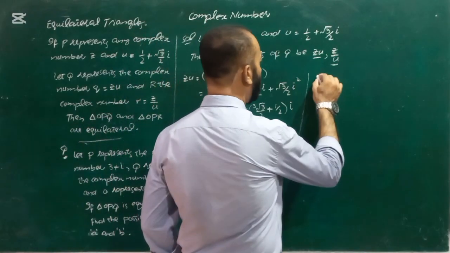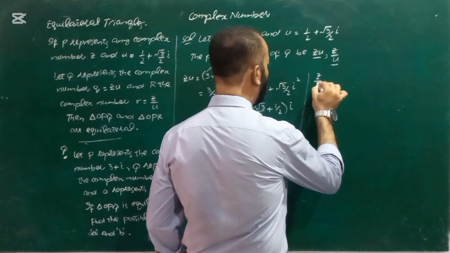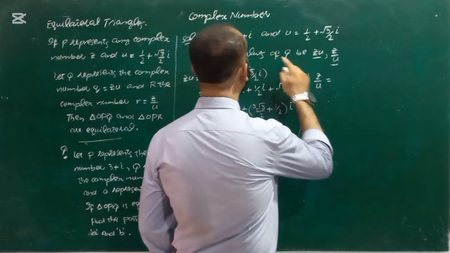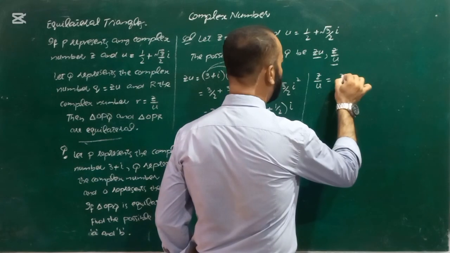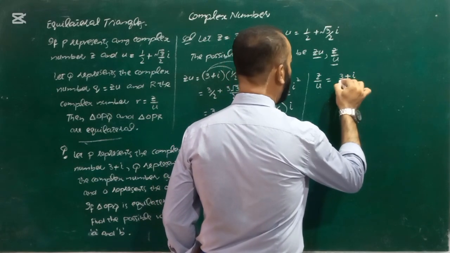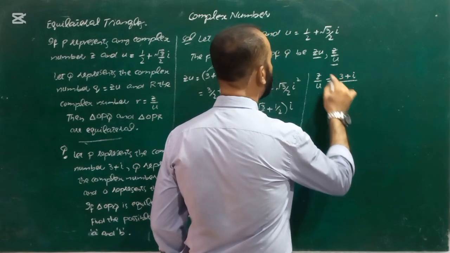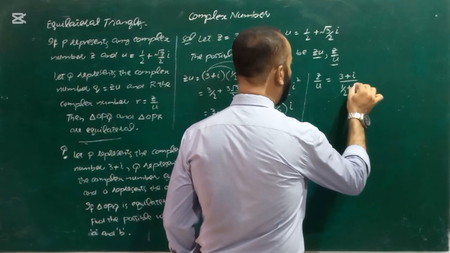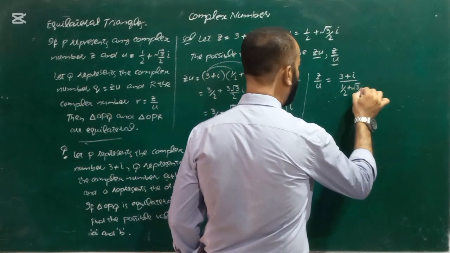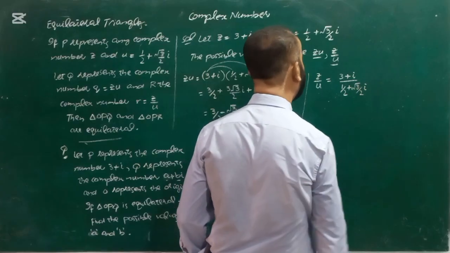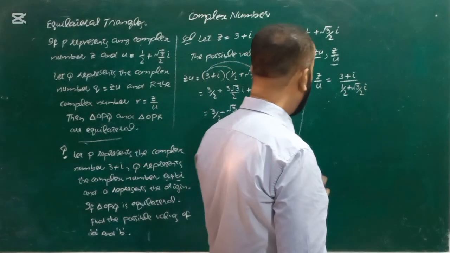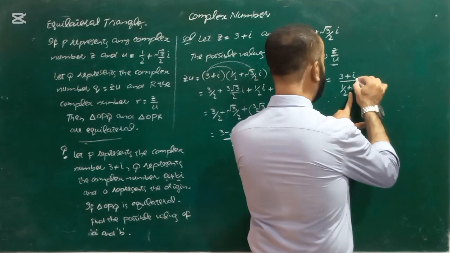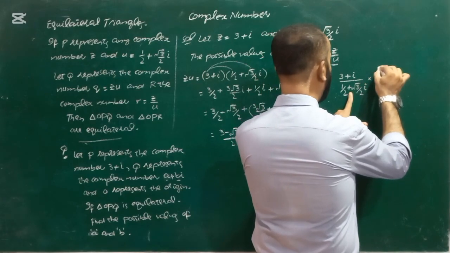The second possible value will be Z over U. So Z is 3 plus iota and U is 1 by 2 plus square root 3 by 2 iota. Okay, change the sign of the imaginary factor and multiply and divide by the same value.